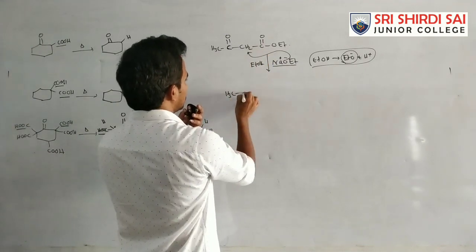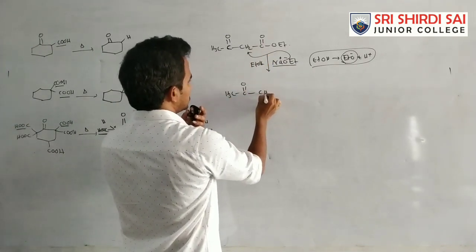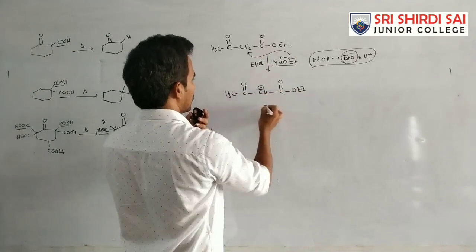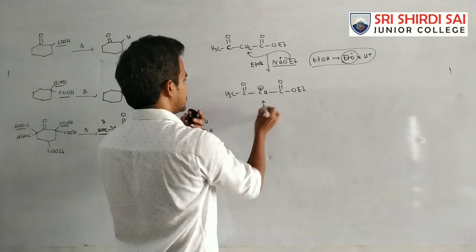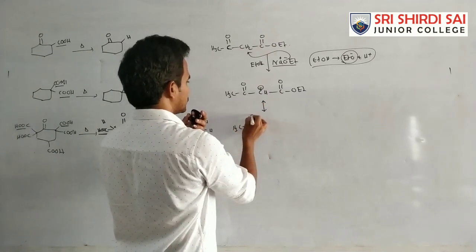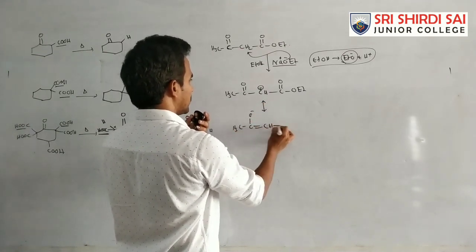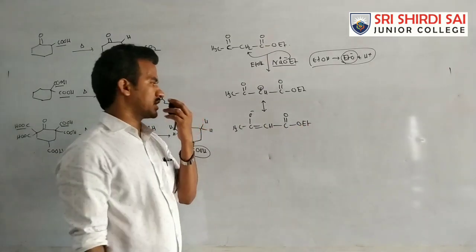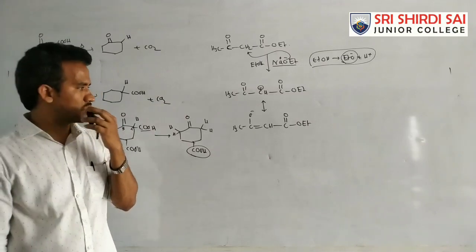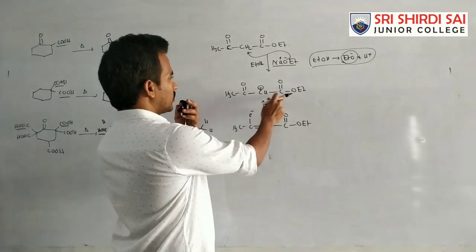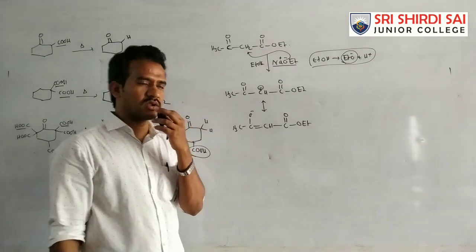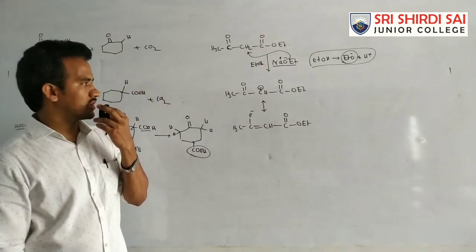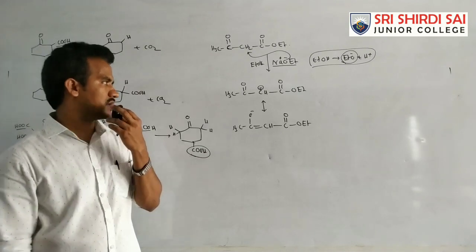Generally this conjugate base is stabilized by resonance. On both sides, electron withdrawing groups are there. Due to the presence of the electron withdrawing groups, acidic nature increases.